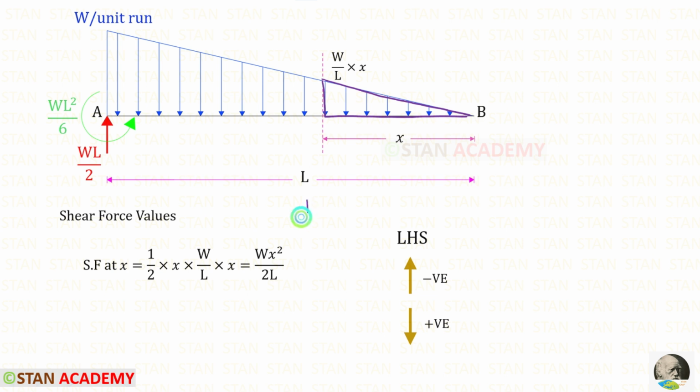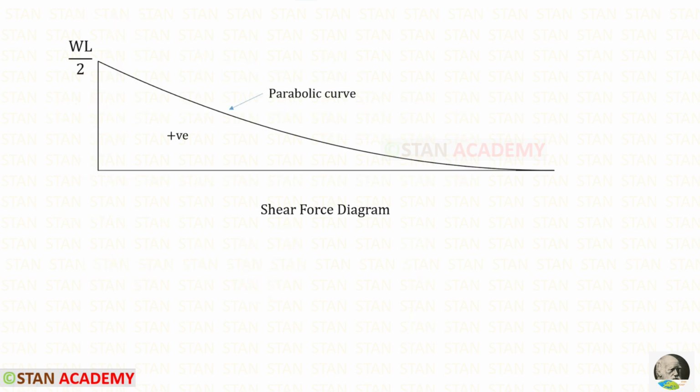We know the formula half into BH. Here the breadth is X and the height is W upon L into X. So the shear force at X will be Wx square upon 2L. Here you can see the shear force diagram.